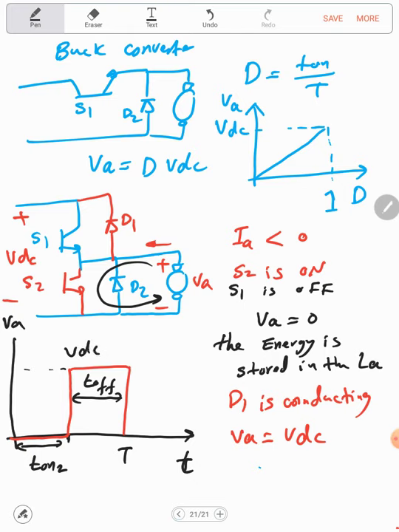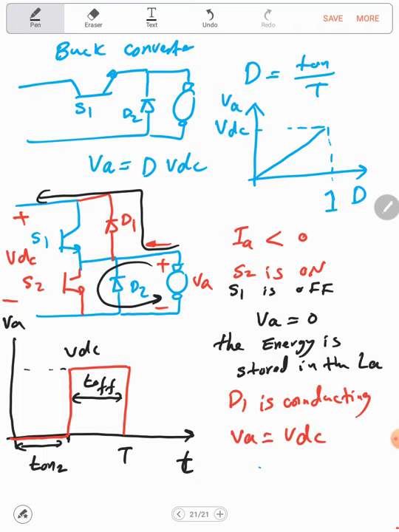Now here the current will recover, or let's say return back to the supply via the D1. Of course, here I'm having a path via D1, and I'm assuming that the supply is accepting power.